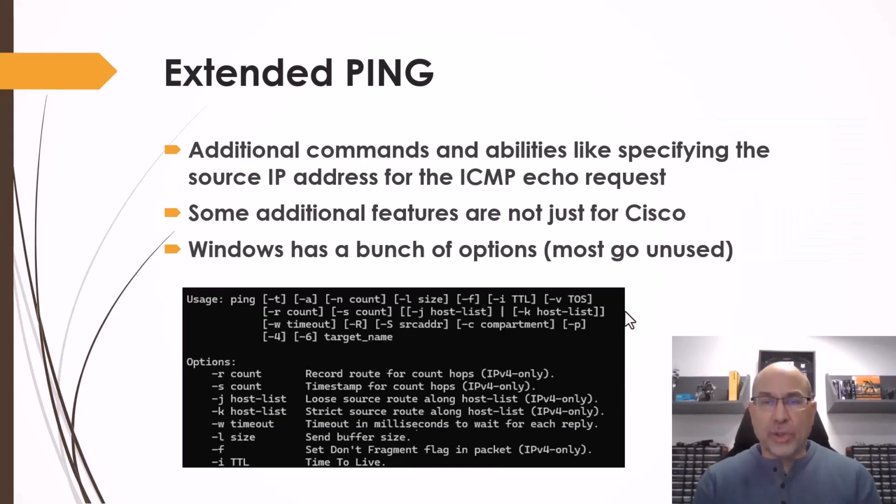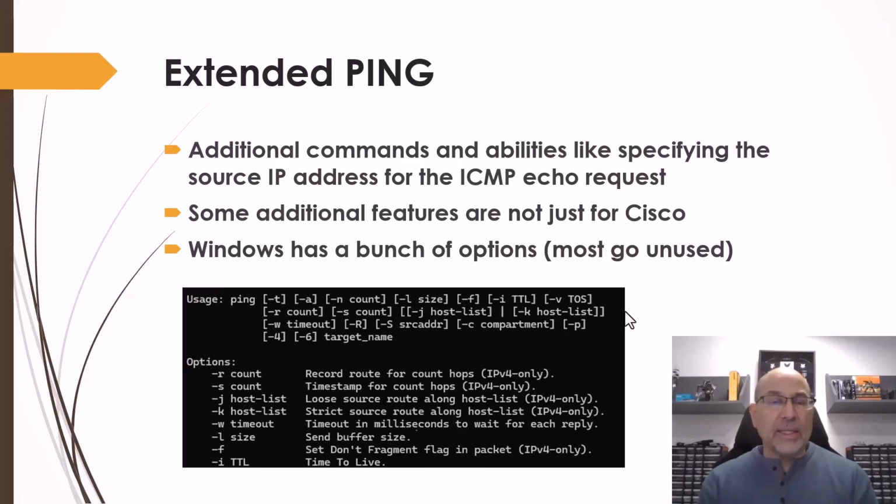Now the book also talks about extended or advanced ping, additional commands and abilities like specifying the source IP address for the ICMP echo. Now, we'll do a demo of this and we'll see the impact of it. But basically it comes down to this. If a router is trying to respond, or if you ping from a router, it's going to pick the interface that's on that direction.